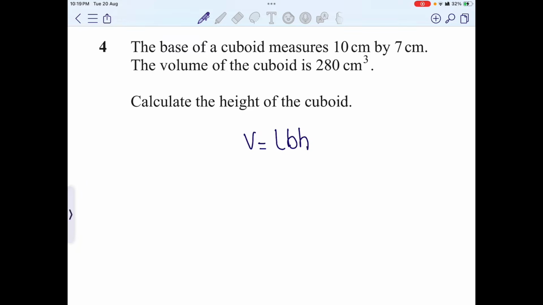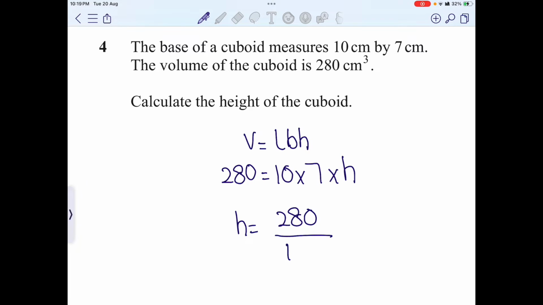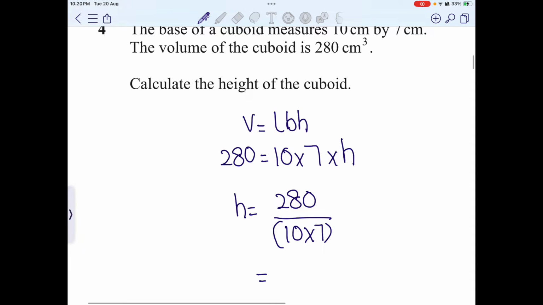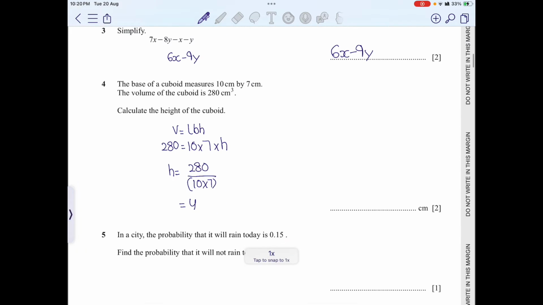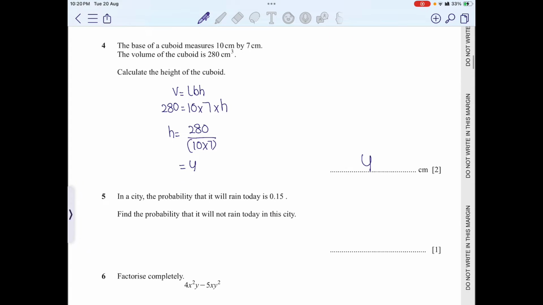Since we know the length, which is 10, and the width, 7, but the height is unknown, and the volume is given as 280, in order to find the height, we do 280 divided by 10 times 7. When you do 280 divided by 10 times 7, that gives you 4. So your height is just 4. You can check that 10 times 7 is 70 and 70 times 4 is 280.